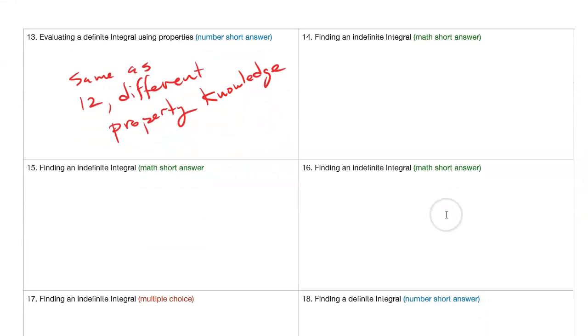Finding an indefinite integral. So if you look at 14, 15, and 16, they're all the same style question. And we learned multiple ways of doing indefinite integrals. So this is where you need to make sure to know how to do power rule.